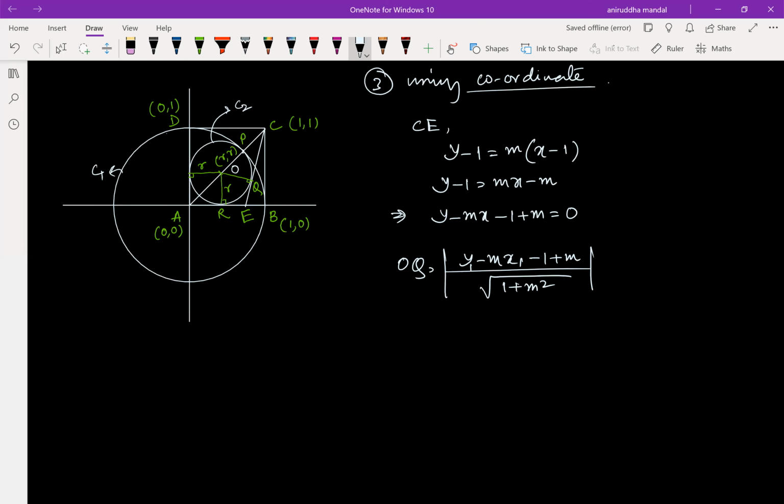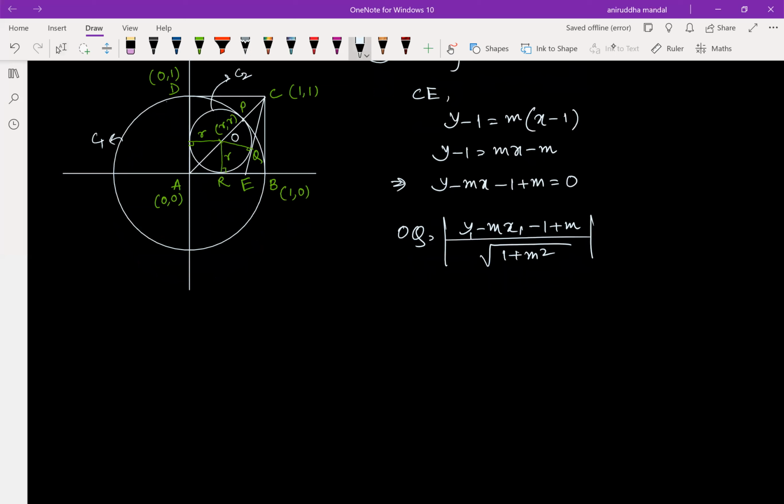Now here x1, y1 is R, R. So we can write this as mR minus 1 plus m by under root 1 plus m square.